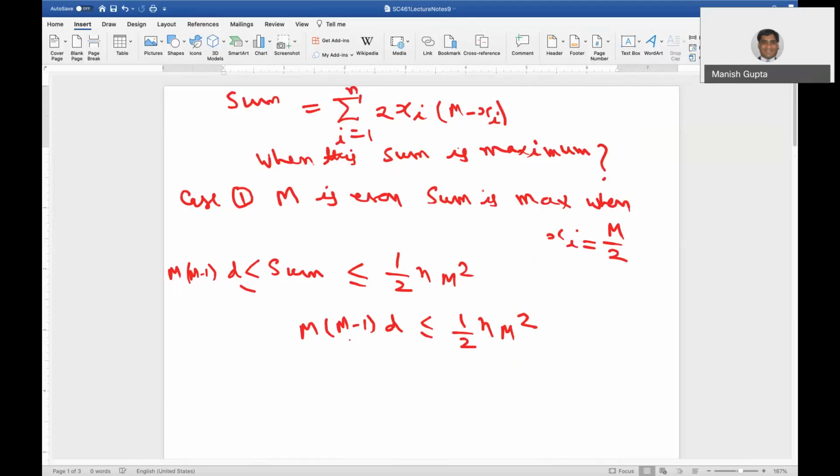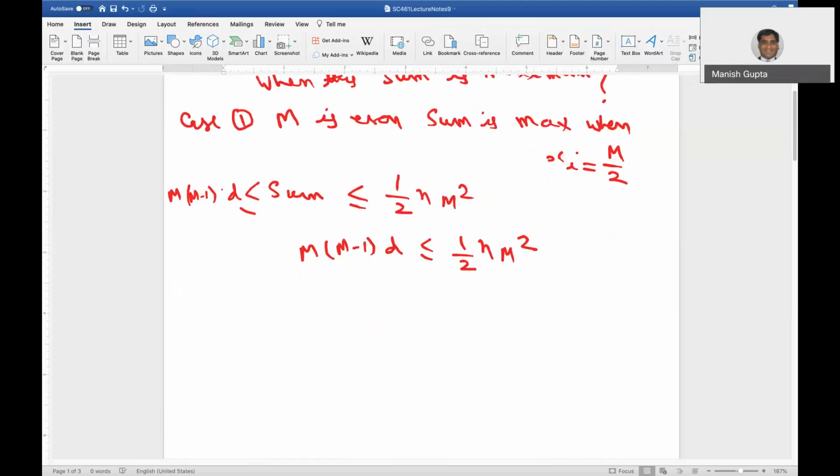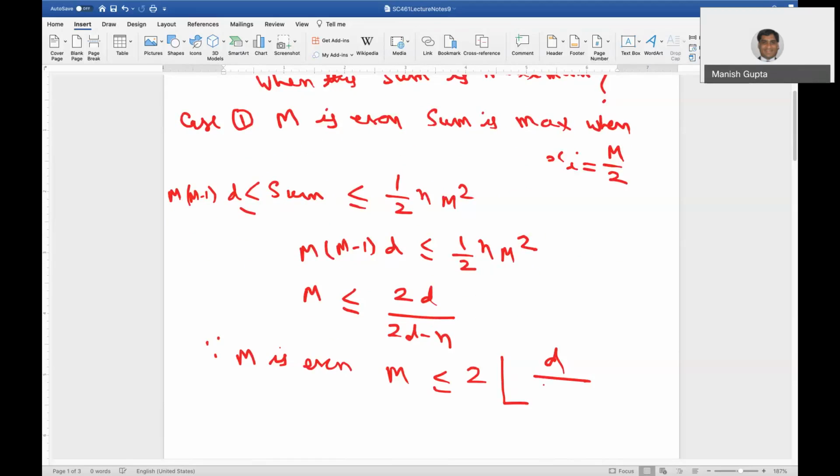Simplifying this inequality, we arrive at capital M cannot exceed 2D over 2D minus n. Now, since M is even, we can write it in a better form. Okay, so we arrived at our result, what we wanted to prove.